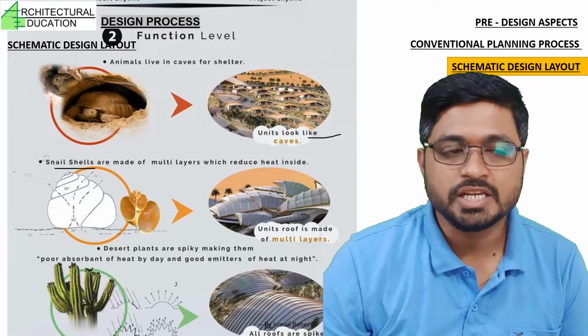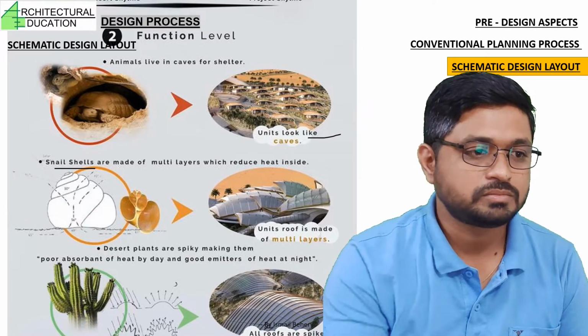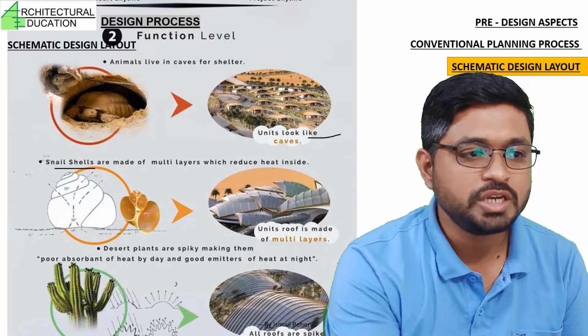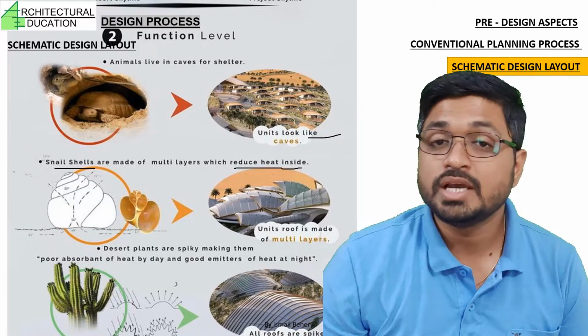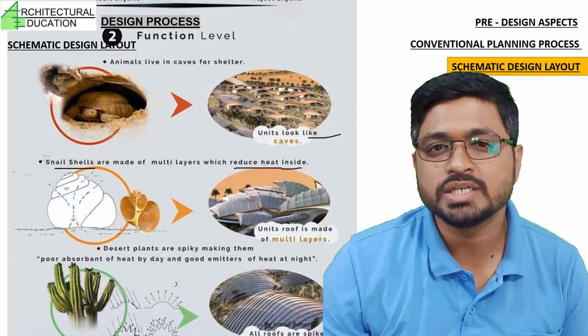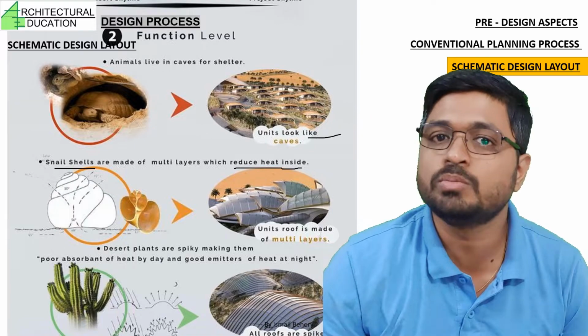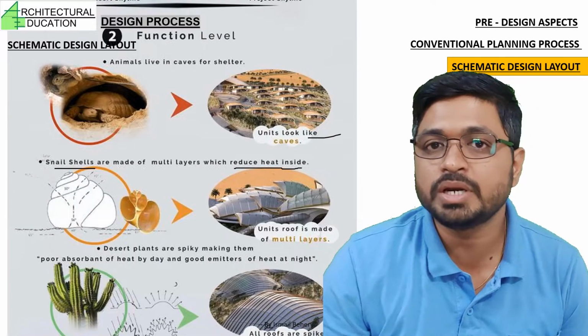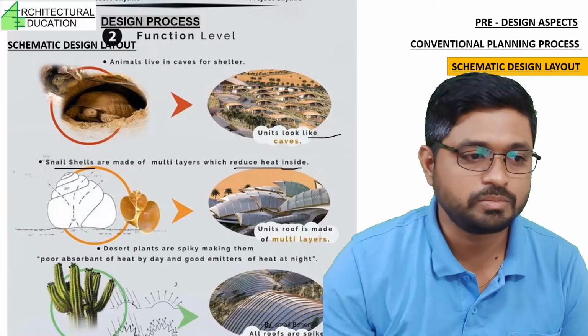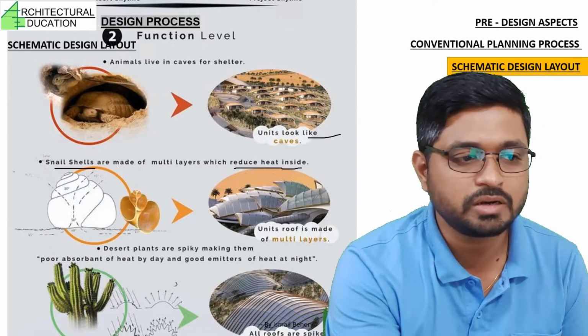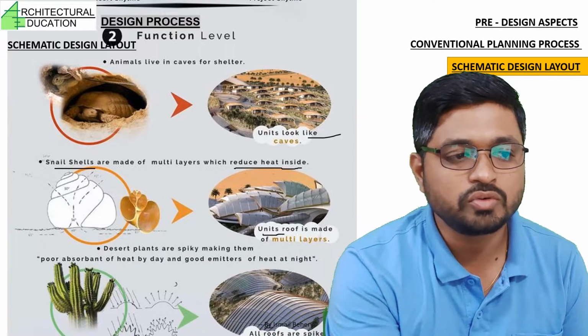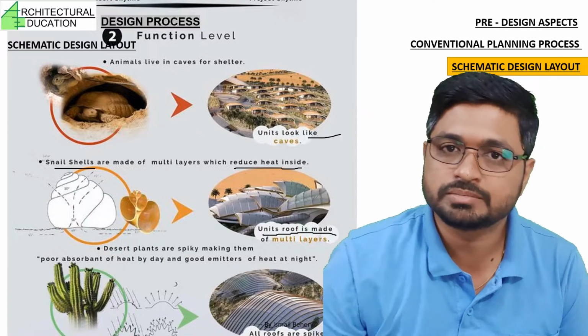Next one would be snail shell to reduce heat inside. So he has taken the idea of how a snail is using the shell to change its own microclimate by having multiple layers of shells on its body. So with that, he might have the idea that the unit's roof is made of multiple layers.